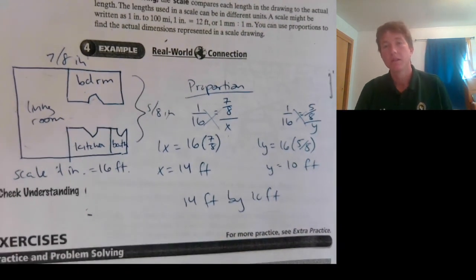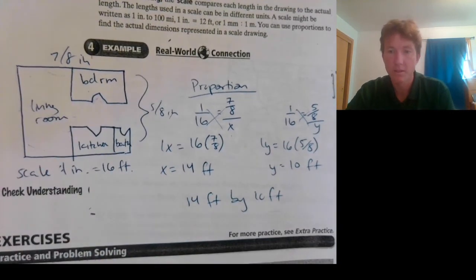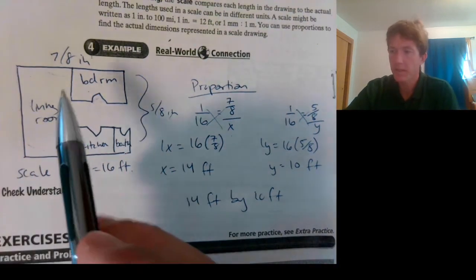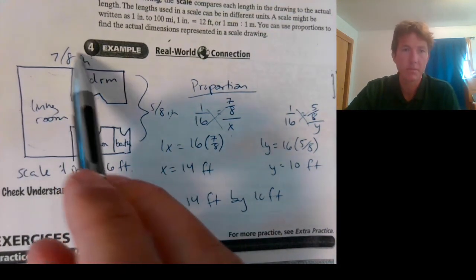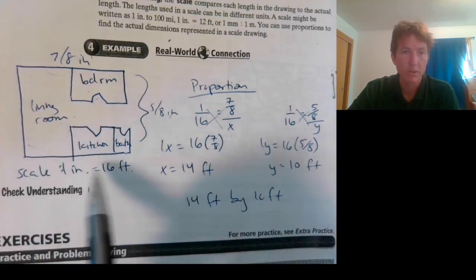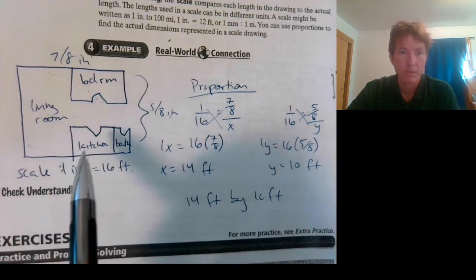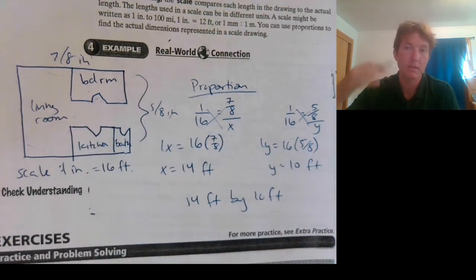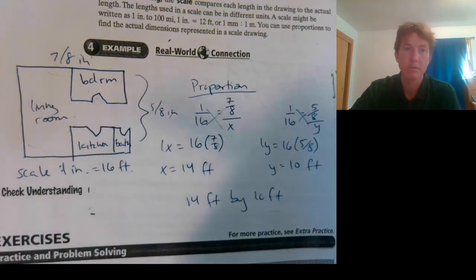Okay. Just looking at this, the more realistic way of doing it: 1 inch is equal to 16 feet. So what I could have done right here is just multiplied this by 16 at the get-go, because it's 1 to 16, or 1 by 16. Anytime you hear the word by, you know to multiply.